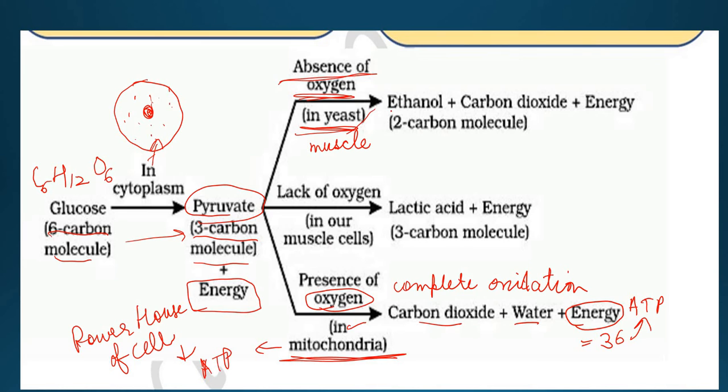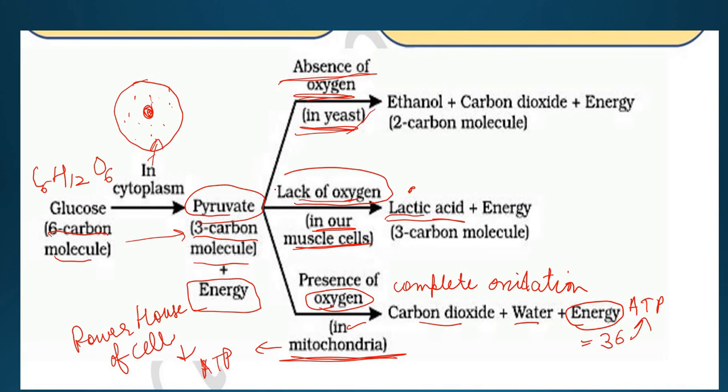That is due to the formation of lactic acid. Sorry, I have written muscles here. This is not muscles here. This is this part, muscles here. Due to the formation of lactic acid.